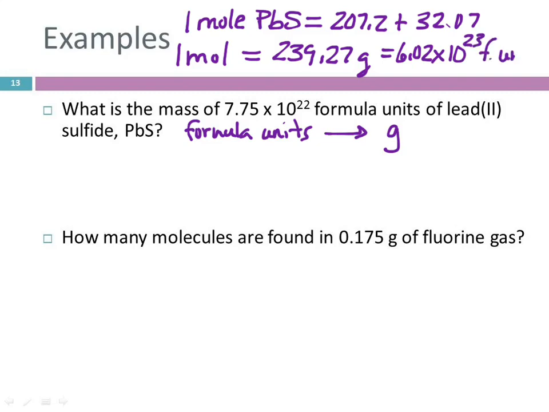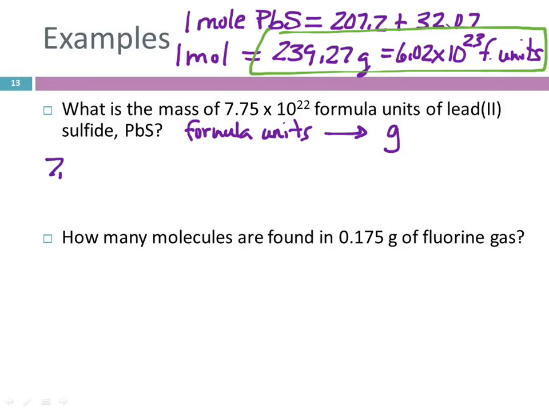I'll call this F units. If 1 mole equals this amount in grams and this many formula units, we could use these 2 right here as a conversion factor, right? A unit factor. So there's our relationship between formula units and grams.